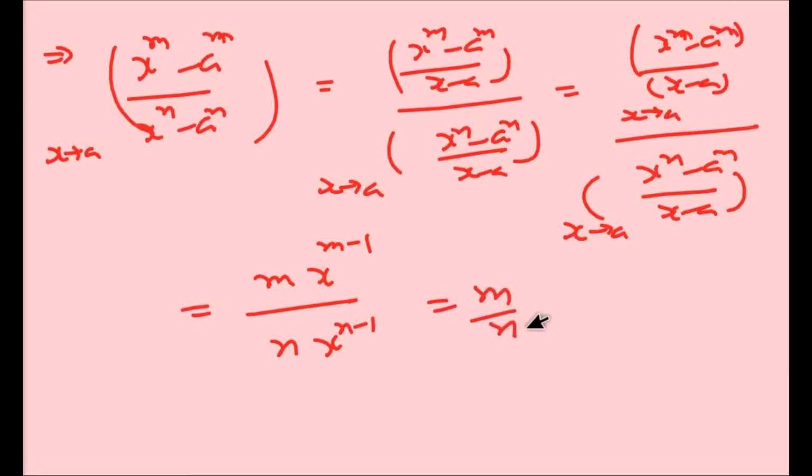Again we can write a to the power m minus n. So using this formula, we can directly solve some questions. Before going to some more formulas, if we do some questions of this type of polynomials, you can better understand them.